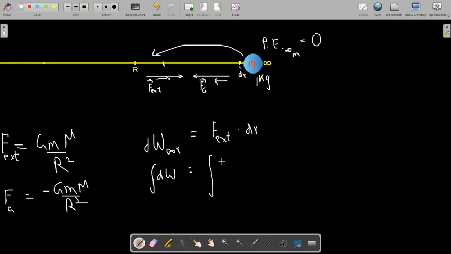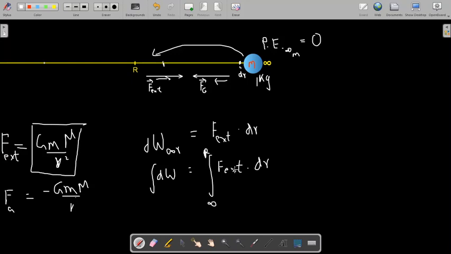If we integrate this, the limits are from infinity to r. I should write this as small r, since I've taken this point over here as capital R. So that will be the external force times dr. We replace the external force by this value, GMm upon r squared.